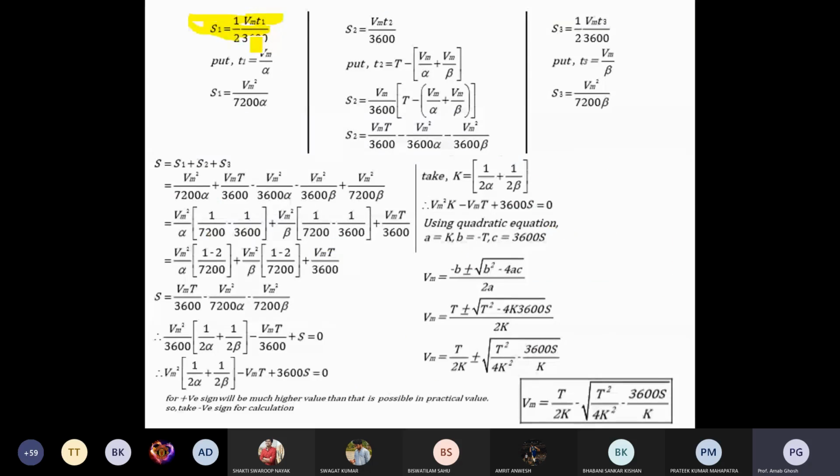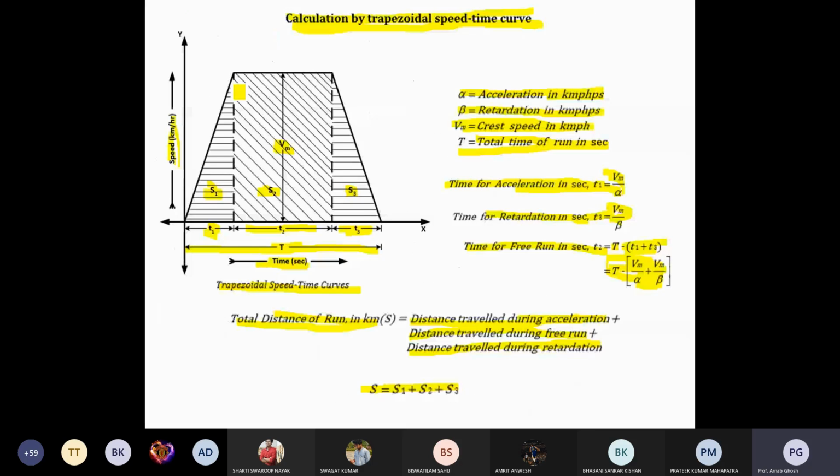Okay, so you know that area is half base into, sorry, I am getting the wrong thing. So that is area. Area of the triangle means half base into height. Base equal to T1, height equal to Vm. Okay, half base into height. T1 is in seconds, so you can make it in hours.